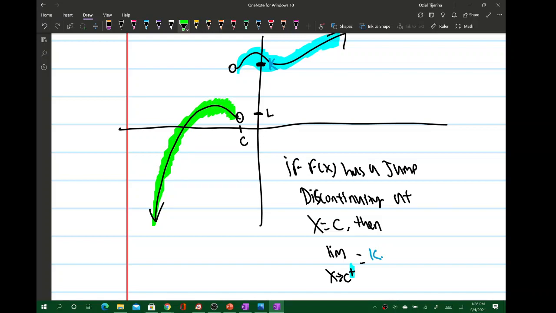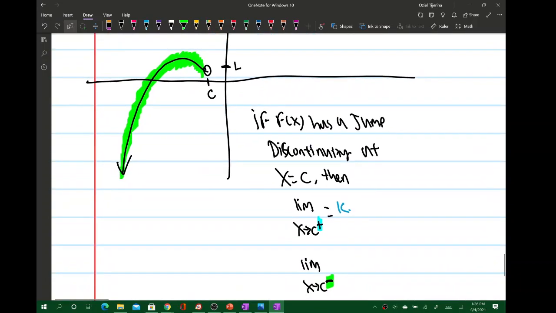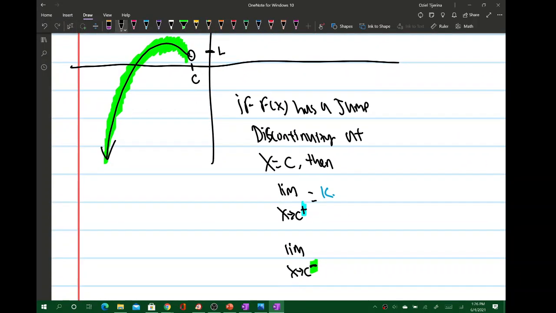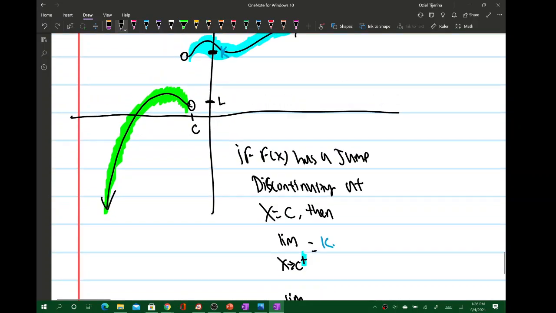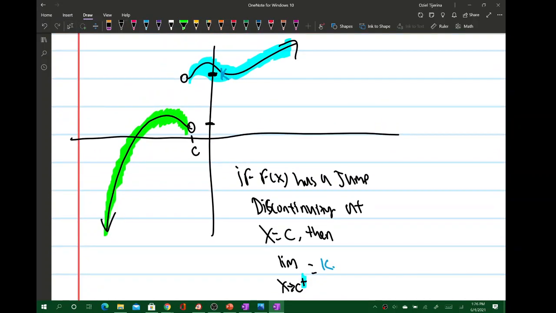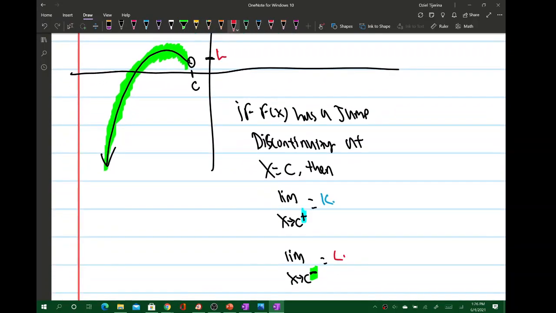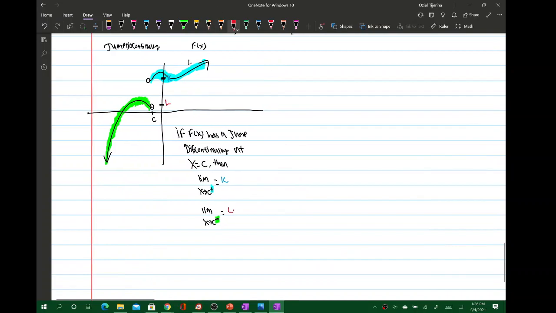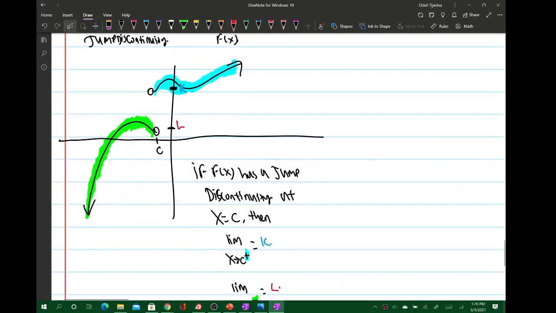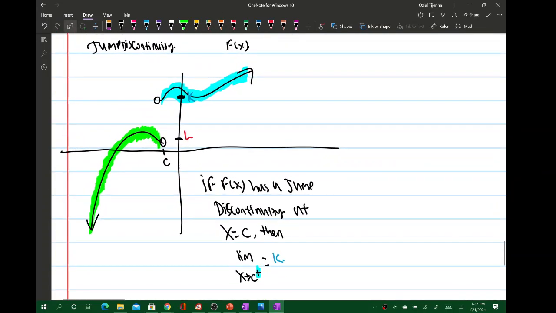The limit as x approaches c from the left side is going to be equal to, and we're going to say this is equal to L, okay, where k and L are any values of y.